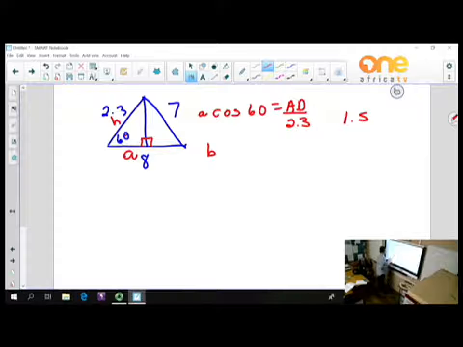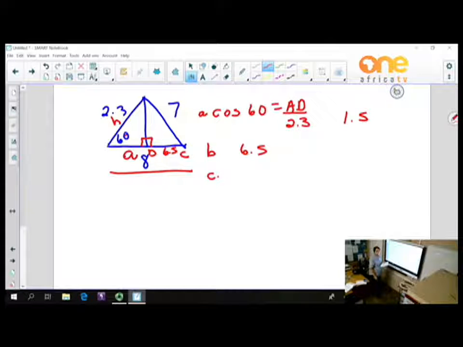Right, question B. Now, we need to find DC. We know this whole one is 8. That one is 1.5. So the answer is 6.5. That's very easy. And then we go to number C. Now you have to find angle C. So this is now in this triangle. We know this is 6.5.